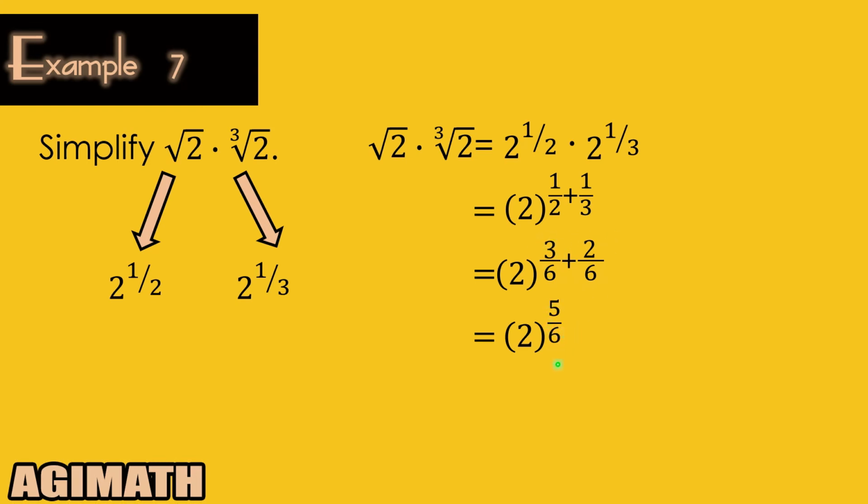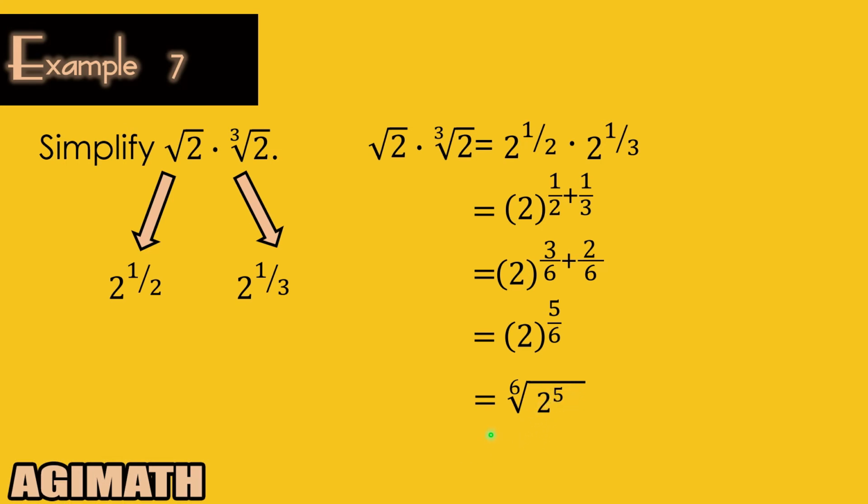Now after that, we can go back to the radical expression. So we have the radical symbol. The denominator 6 will become the index, and then the remaining will become the radicand, 2 to the power of 5. And to have the final answer, just simplify the radicand if possible.